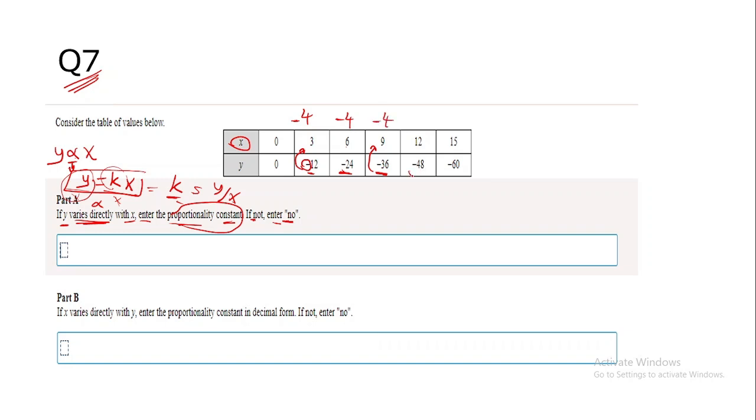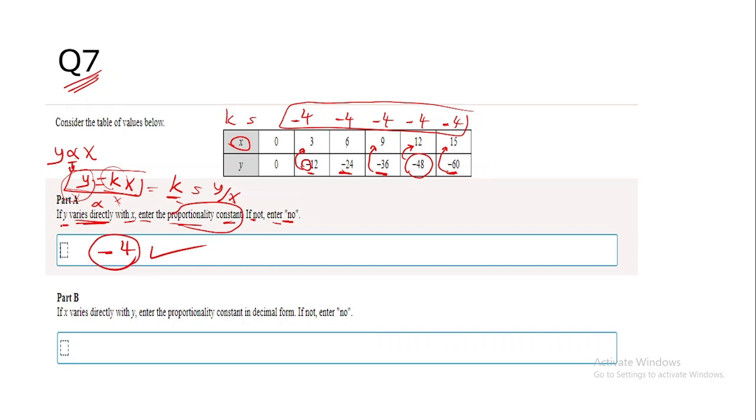Negative 48 divided by 12, it will be negative 4. Negative 60 divided by 15 will be negative 4. So I have a constant value, so that means k will equal negative 4. That means the answer here will be negative 4. Okay?